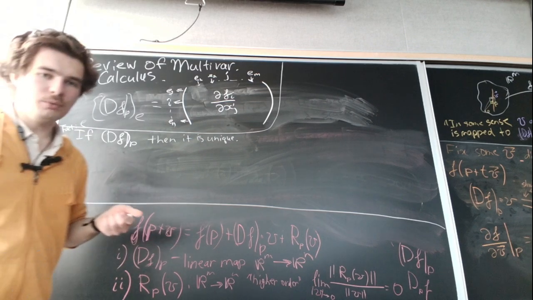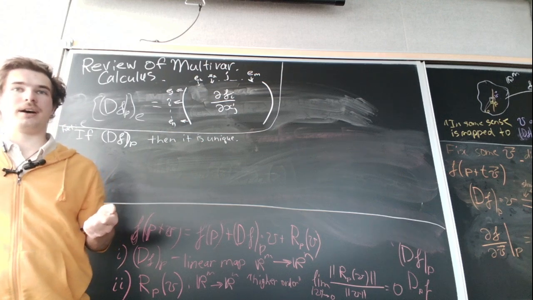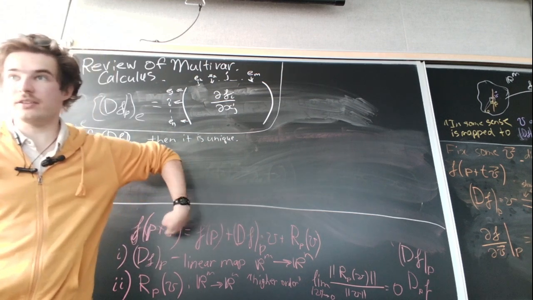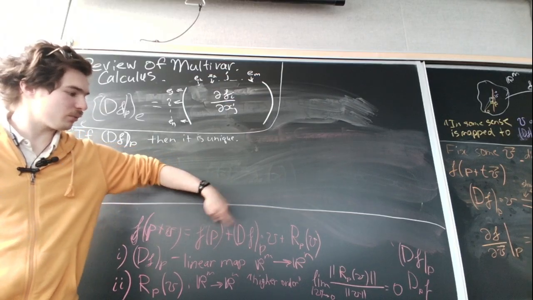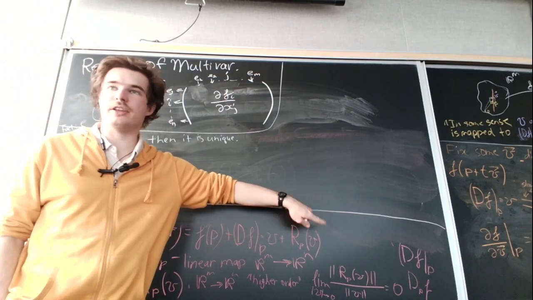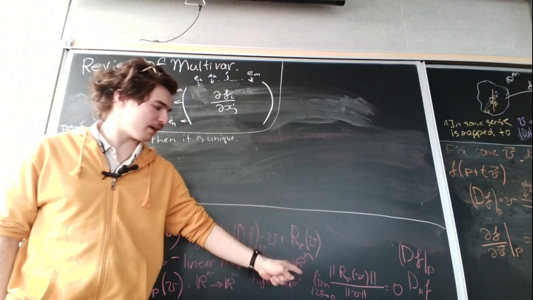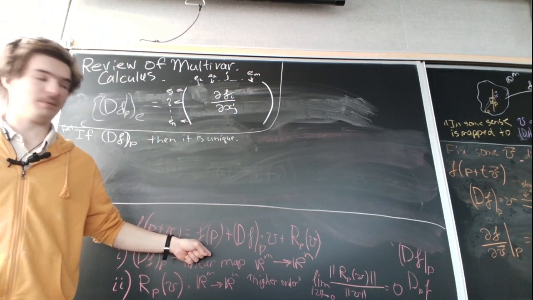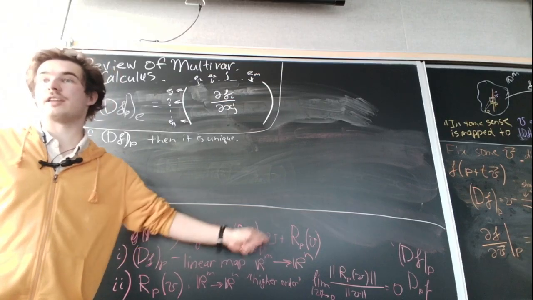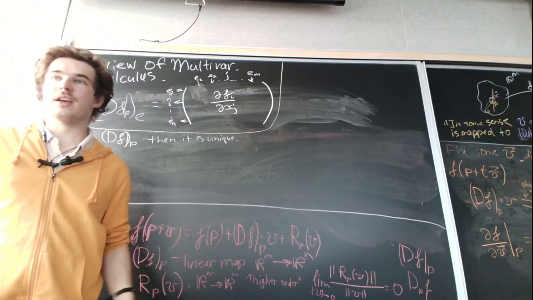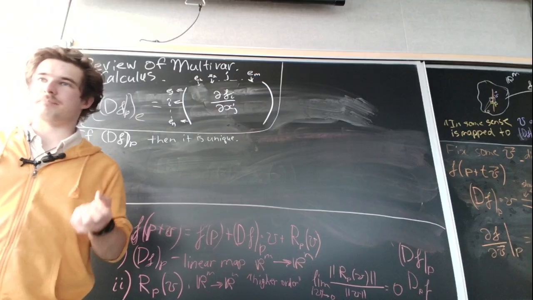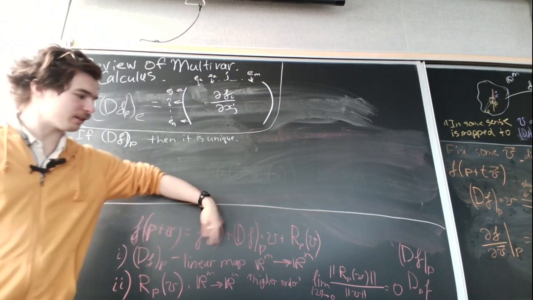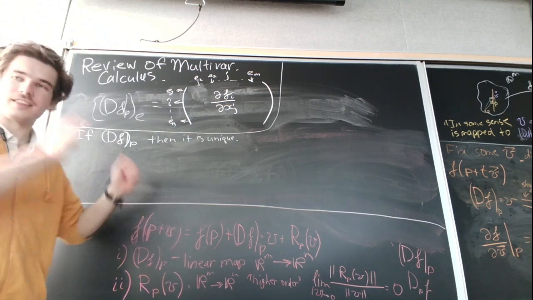If I have something and I'm able to write it in this way and argue that the additional piece goes to 0 as v goes to 0, and this piece is just f of p, then I know that whatever I have left has to be my derivative. So now we're going to prove things by pattern matching. I'm going to write down something and try to make it look like this, and if it looks like this, then I'm done.